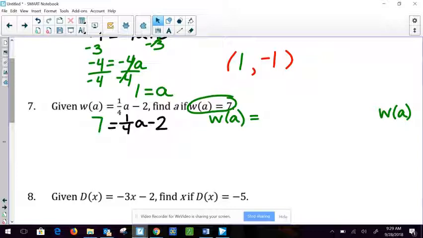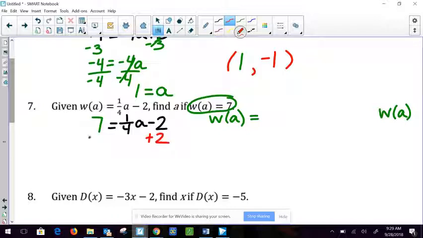So now when I go through and solve this equation, this should look really familiar to both tests we've done and the quiz that we have done so far this year. If I have a minus 2, how do I move it over? You guessed it, we're going to add 2 to both sides. So 7 plus 2 is, good, 9. And that is equal to 1 over 4a. Then we said in order to get rid of a fraction, we need to multiply both sides by the denominator.